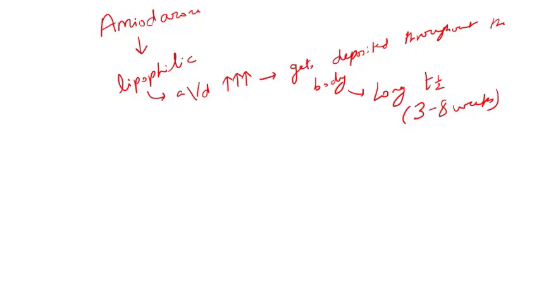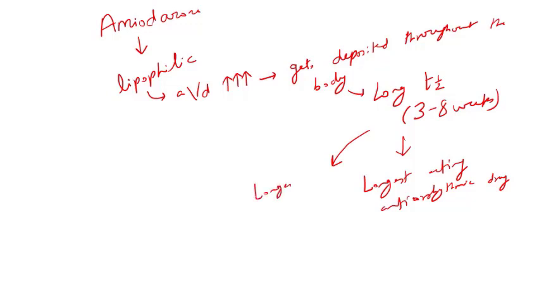Since the half-life is long, we can say it is the longest acting antiarrhythmic drug. You can also say it is the longest acting potassium channel blocker.